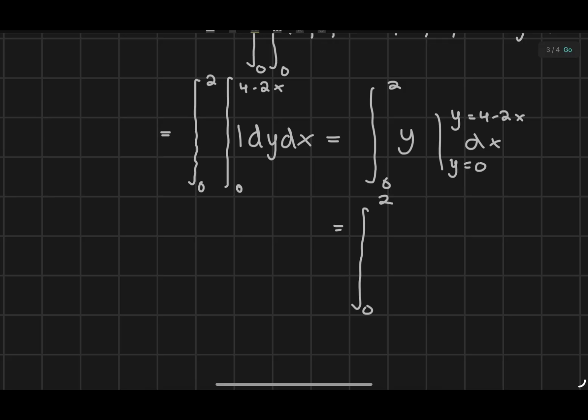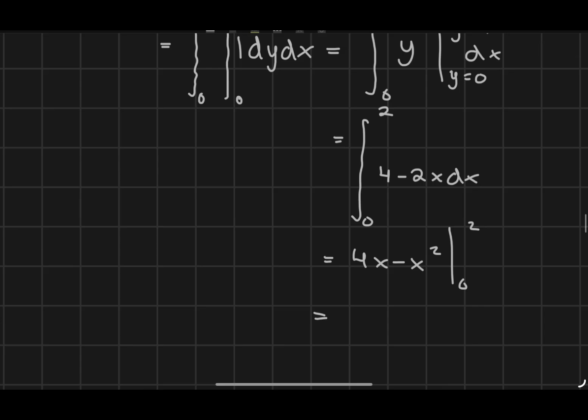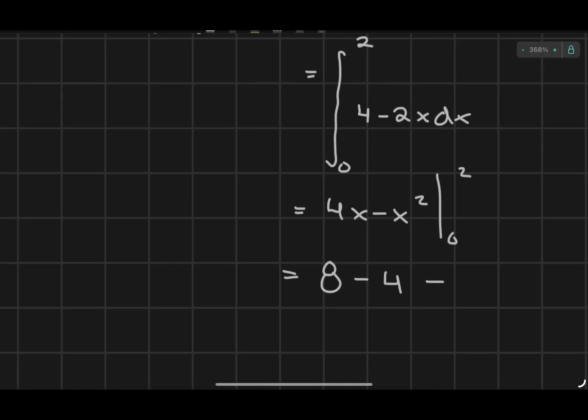The integral from 0 to 2 of 4 minus 2x dx is going to be the integral of 4x minus x squared from 0 to 2, which is going to equal 4 times 2, that's 8, and then minus 2 squared, which is 4, and then all that first term is going to be subtracted by our second term, which is going to be 4 times 0 minus 0, which is just going to be 0. Therefore, our downward flux is going to be 4.